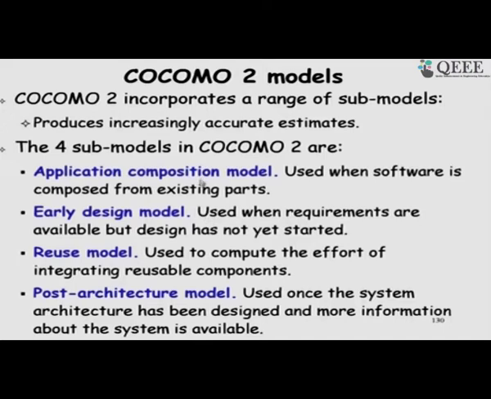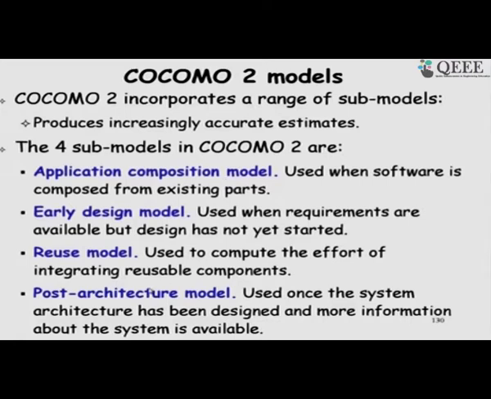Then there are two more. The reuse model is used when we have significant reuse of components, and we estimate the effort required in integrating those. The application composition model is where we have component based development and we are just using those components.